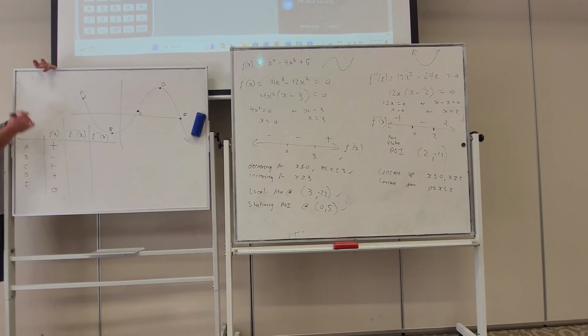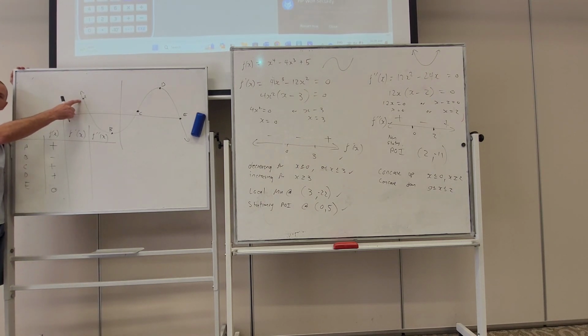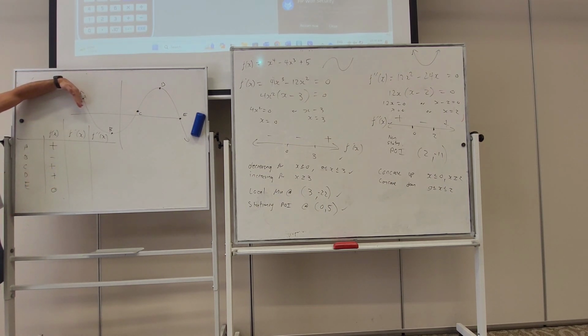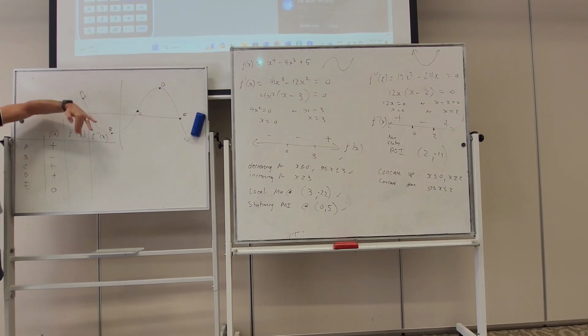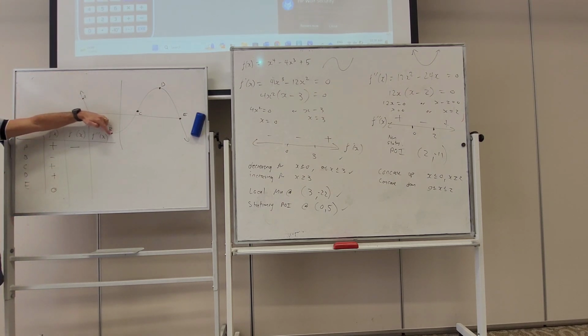F of x is just the y value, and we're saying whether those points are positive or negative. F dash of x is the slope. So now we're asked, at that point, is the slope positive, negative, or 0? At this point, the slope is negative. You would be walking downhill at this point. We have negative slope. How about at point B? It's not positive, it's not negative, it's horizontal.